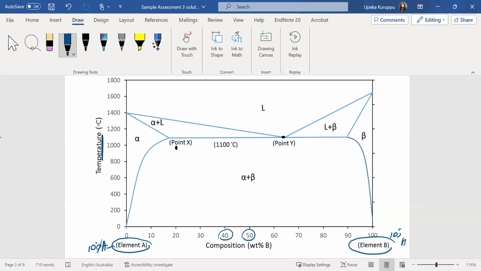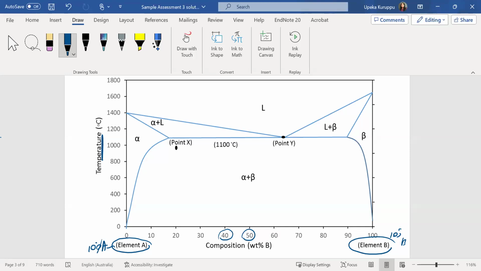When we have different compositions, we can find out at a certain temperature whether we have a liquid or a solid or a liquid-solid interface. For example, if I ask you to find, with the alloy where you have 70% of A at 1600 degrees Celsius, is it a liquid or a solid or what is it?